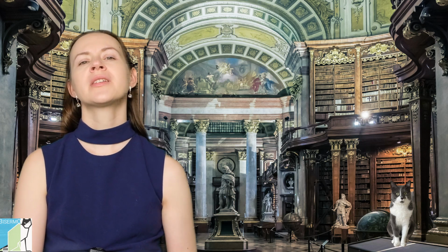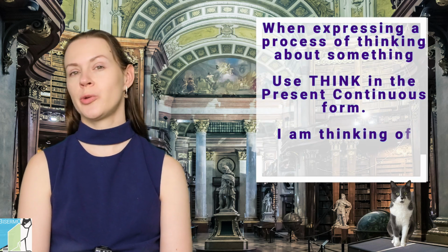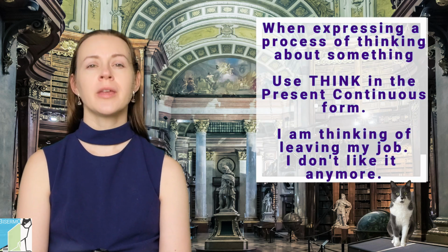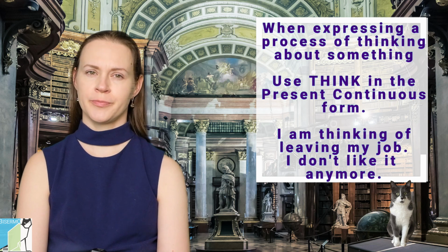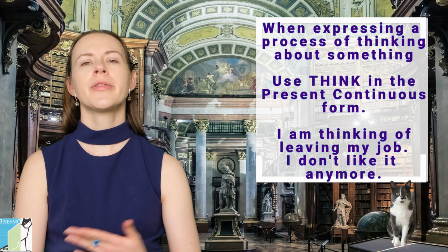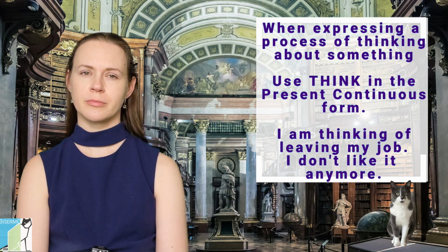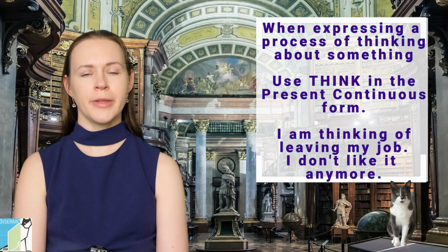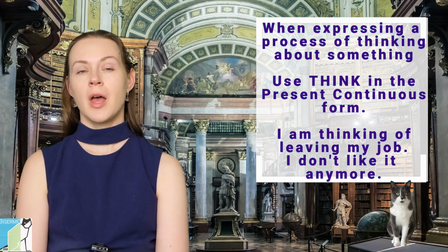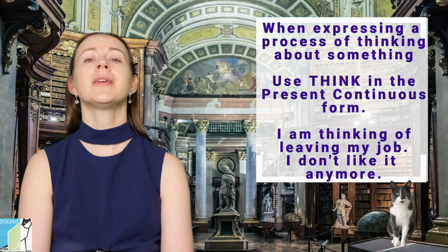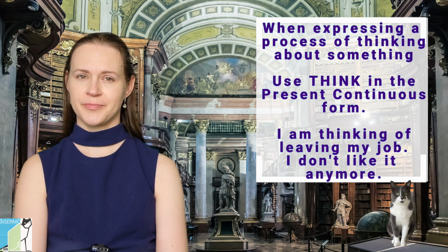But when I'm expressing my process of thinking about something, my reflection, it could be a problem or a situation, I use think in the present continuous form. For example, I'm thinking of leaving my job, I don't like it anymore. In the first example, think is my belief, and in the second example, think is a mental process.